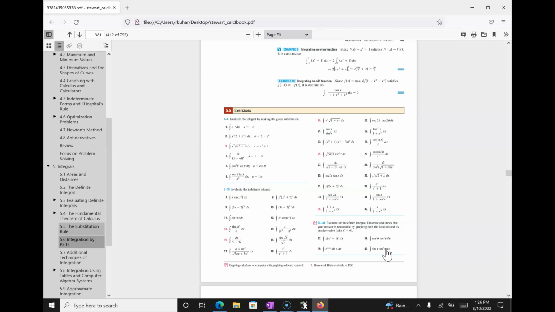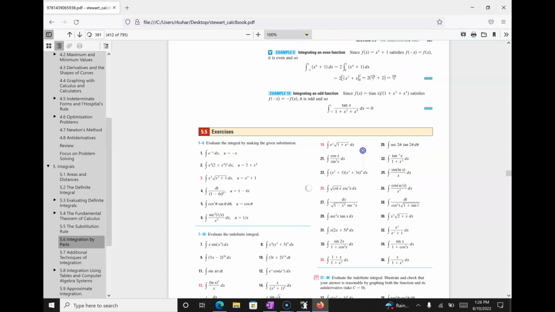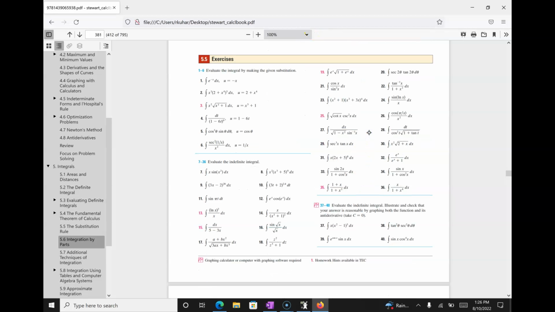Well, 15 works. Let's do 15, okay? Can you even see this? So 15 works and 18 works.